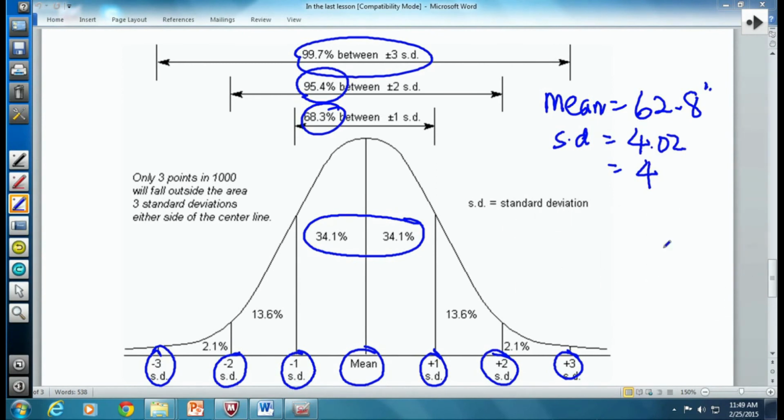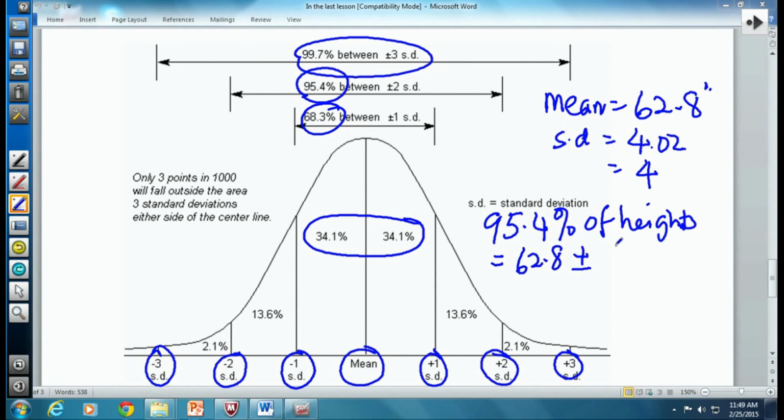We can also say 95.4% of heights will be 62.8 plus minus 8. Remember, 95.4% is between plus and minus 2 standard deviations from the mean.